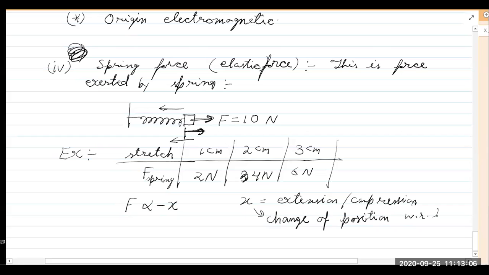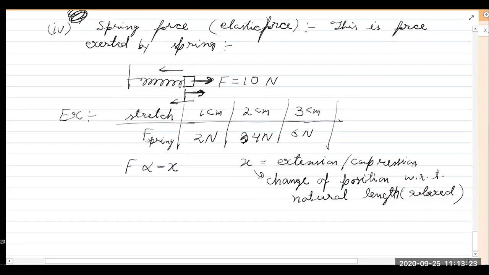Natural length means the length of a spring in the relaxed condition. Whatever the natural length of a spring is, if we stretch it by X amount with respect to that, the force developed will be proportional to that X. The minus sign indicates that if we stretch the spring rightward, the force developed will be leftward.